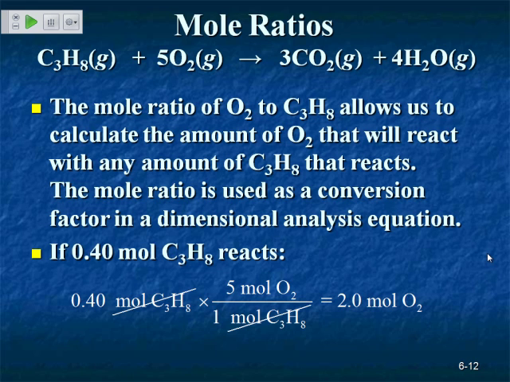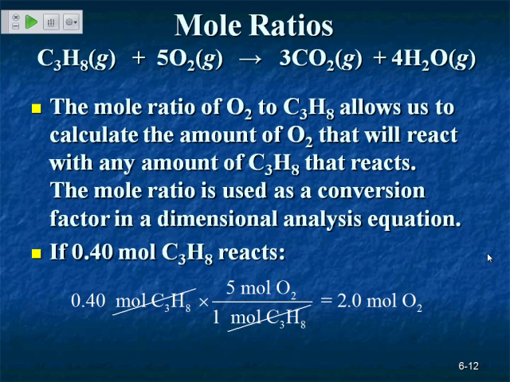So let's say, for example, I tell you I have 0.40 moles of propane. How much oxygen should I mix with 0.40 moles of propane? How do we calculate that? We will set it up just like the dimensional analysis. How do you do the unit conversion? What am I given? I am given 0.40 moles of propane, so I'm starting with that.